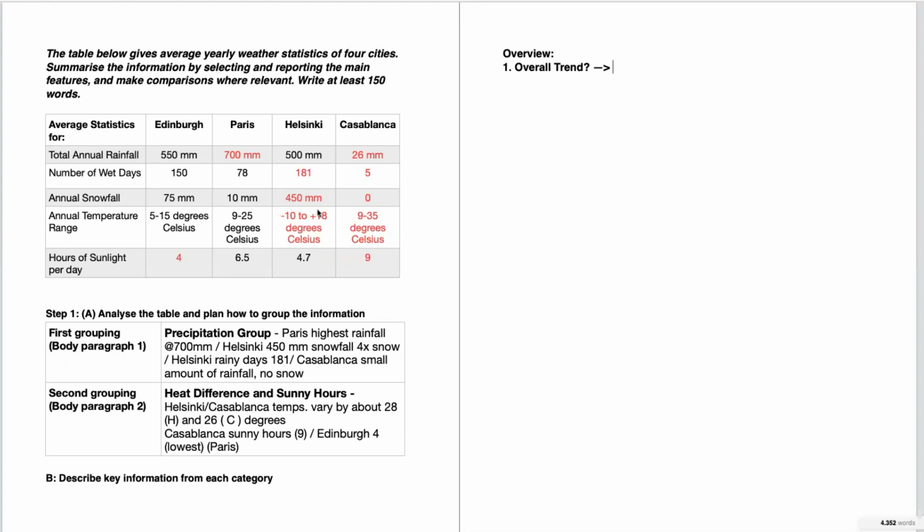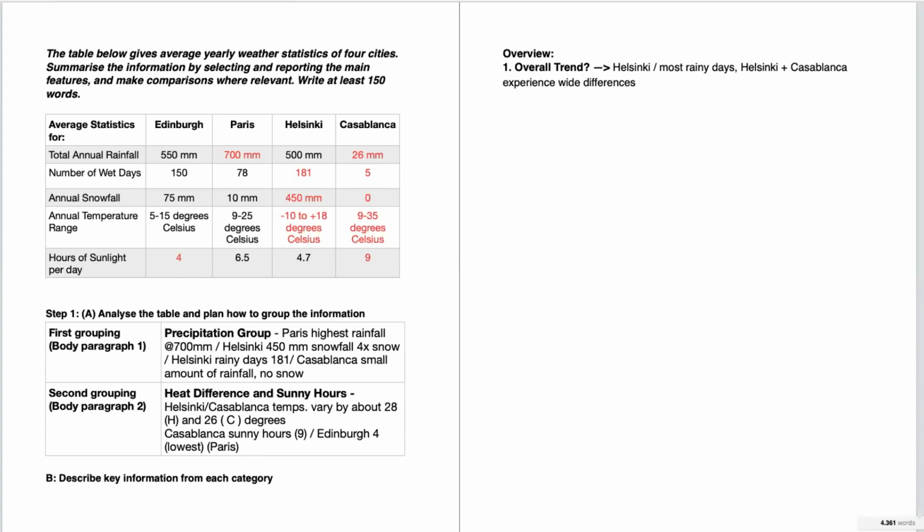So basically what we see here is that Helsinki has the most rainy days, by far the most snow, and Helsinki and Casablanca experience much wider temperature differences. So I'm just going to say here, Helsinki has the most rainy days, and then I'll say Helsinki and Casablanca experience wide differences. And I'll elaborate on this when I'm actually writing the paragraph.